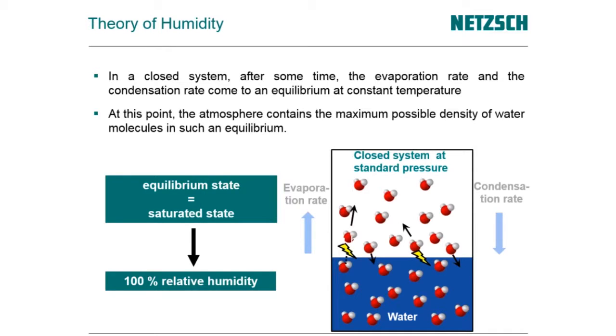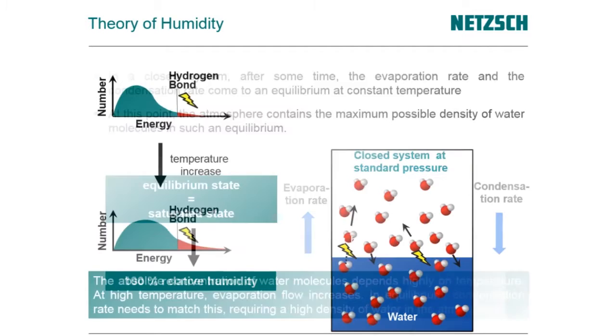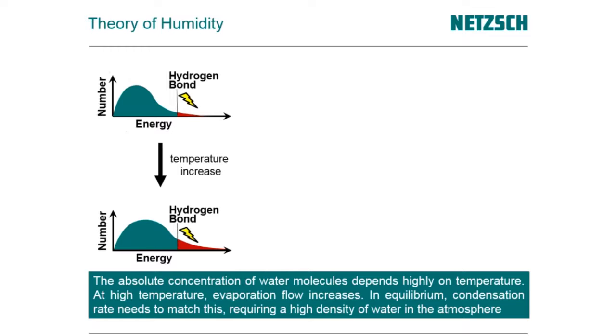However, you see that this concept works for a constant temperature, because this whole process of evaporation and condensation is highly temperature dependent. Please remember back to the energy distribution.